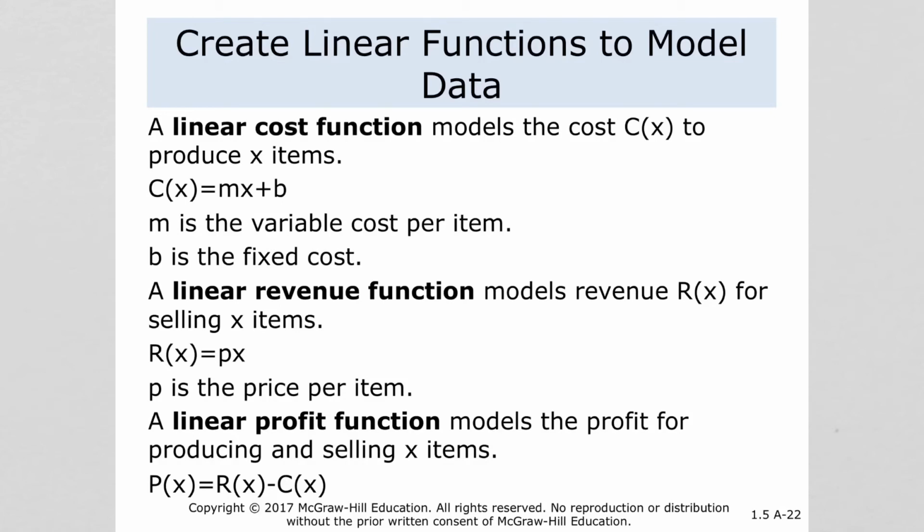Revenue is the amount of money that you make selling something. So it's however much you sell it for times the price of the item, or times how many items. And then the linear profit then is how much you charge minus how much it costs you.